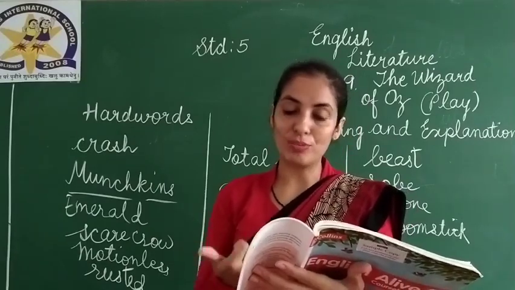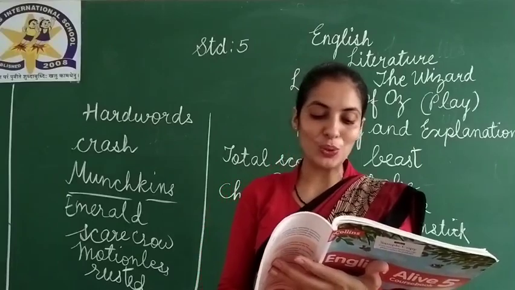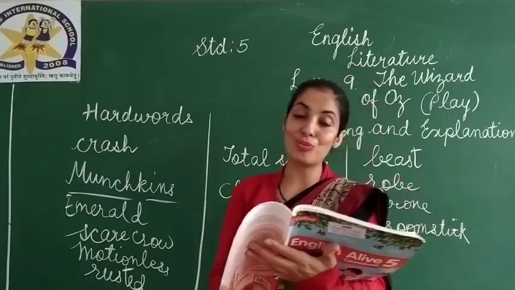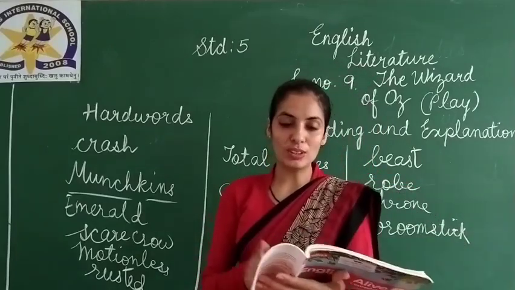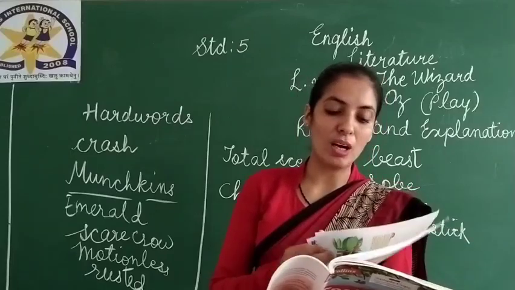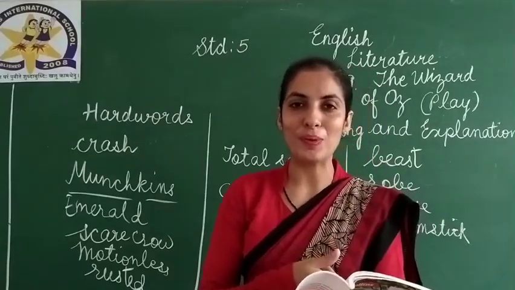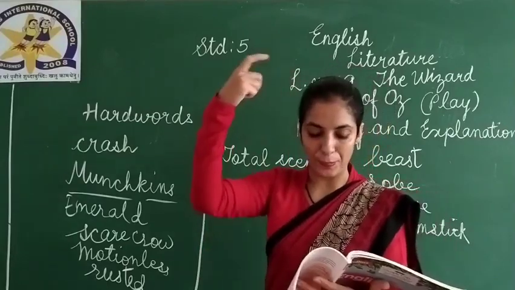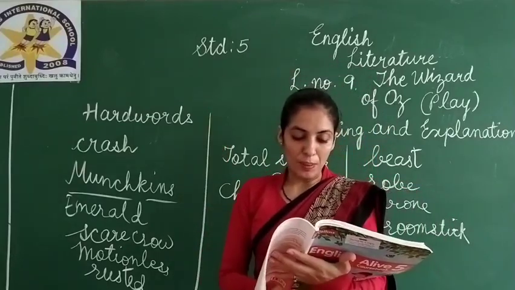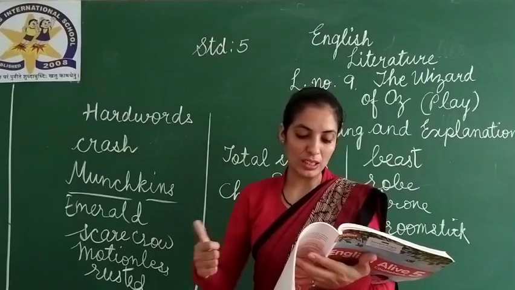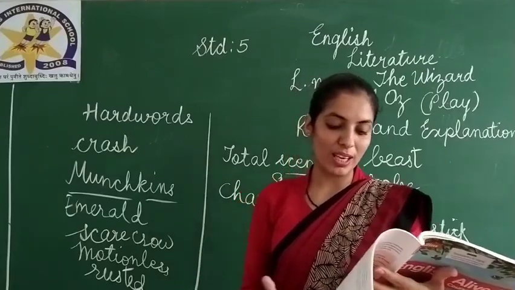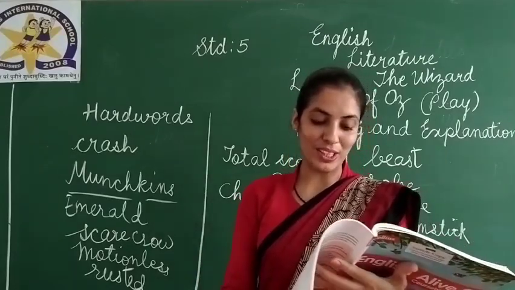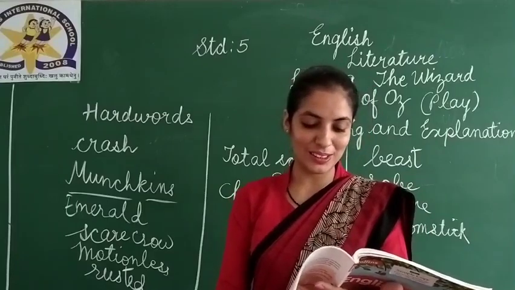To the Good Witch of the South, she says, take this golden cap and thank you for your help. Children, I pronounced cap as cup previously, so please correct it. It is a cap. Now come Toto, clicking the heels of her shoes together, yes, 3 times. Take me back to Kansas.